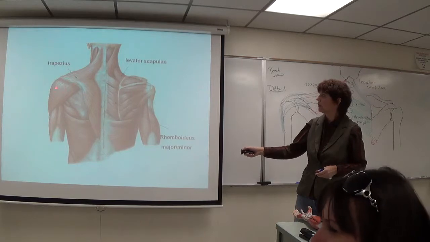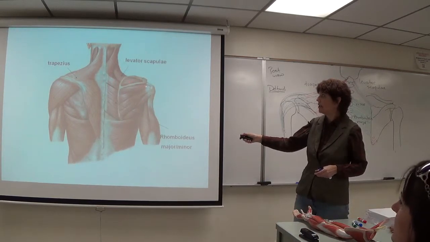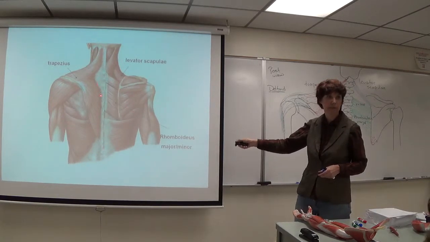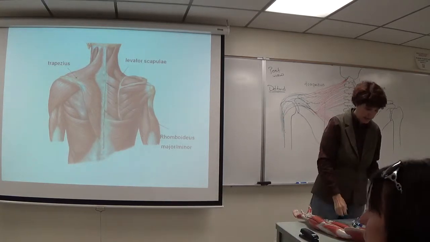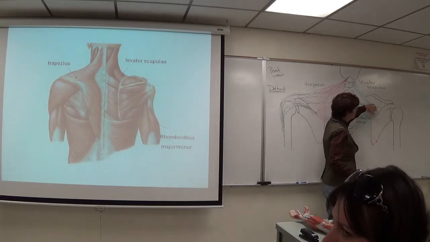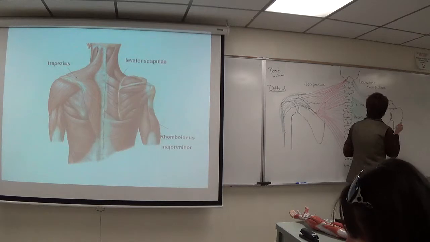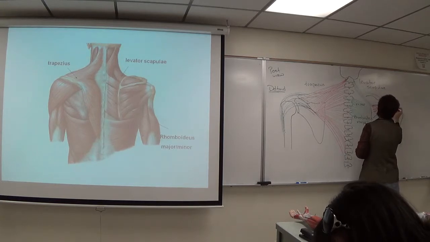Now let's take that off and take off the trapezius, and we're going to look at these three or four muscles right here. We have those and one from the front, and then we'll be done. So coming from the supraspinous fossa in a horizontal direction, we have the supraspinatus muscle.